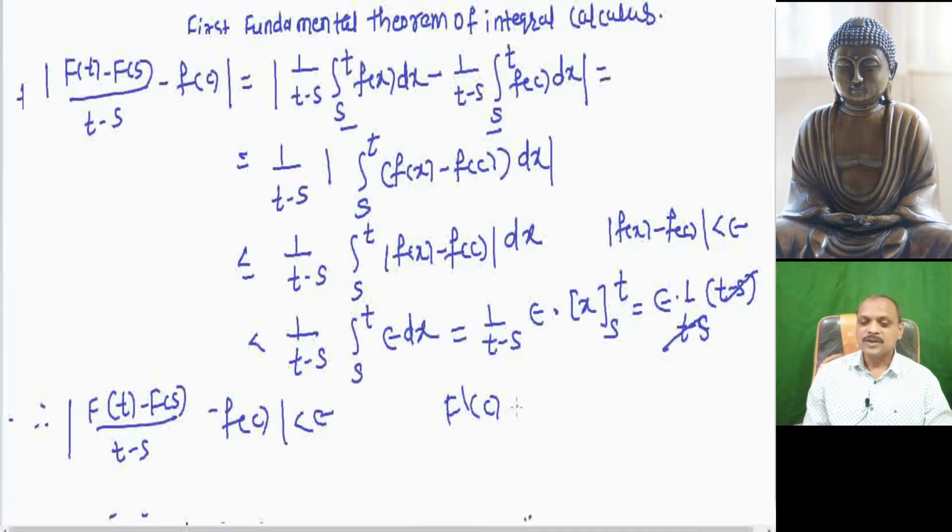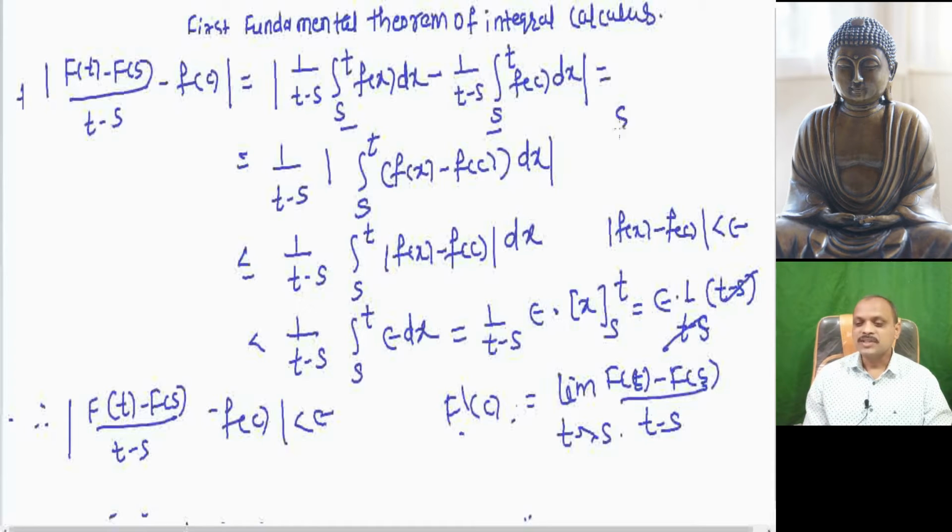Okay, but we know that F dash of c equals, what is F dash of c? Capital F dash of c is nothing but the limit of F of t minus F of s divided by t minus s as t tends to s. Okay, so this is the definition, since we have taken these points s and t near to c.